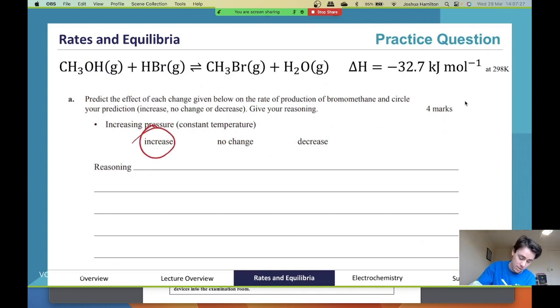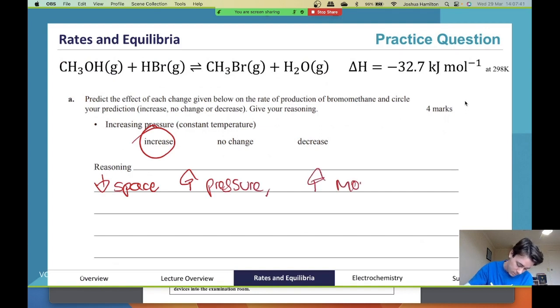And this question here, you can only really give the 1. You can say, as there is a smaller space or an increased pressure, you have an increased movement, and you end up with an increased number of collisions.